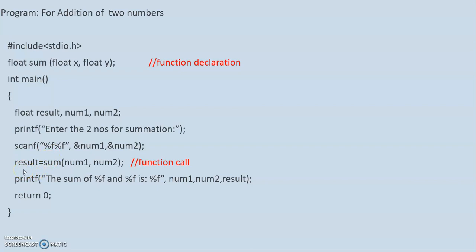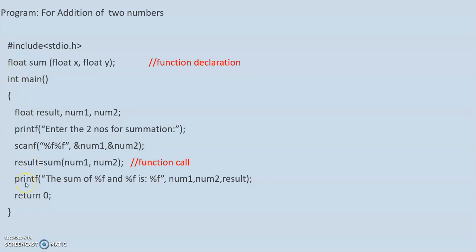The result is equal to sum(num1, num2). Here is where we are calling the sum function, with two arguments, num1 and num2, which are again float types. In return from the function, we get a float type value, which is the result.